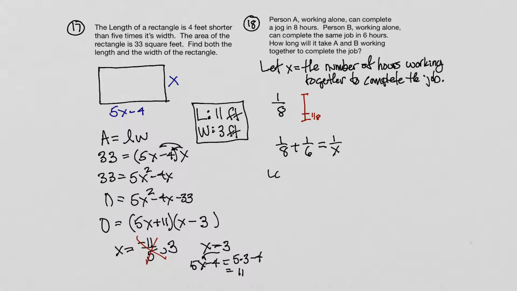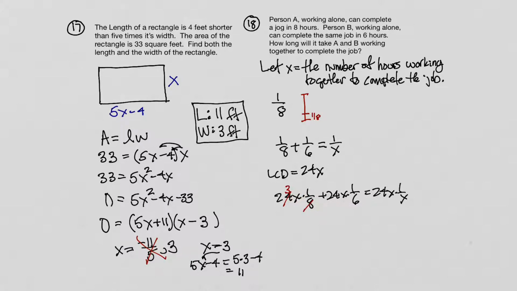We got fractions. We know how to solve them. Let's get the LCD, which between 8 and 6 is 24 and an x. And we'll multiply every term by 24x. 24x times 1 over 8 plus 24x times 1 over 6 equals 24x times 1 over x. Here, the 8 will go into 24 3 times, and we're left with 3x.